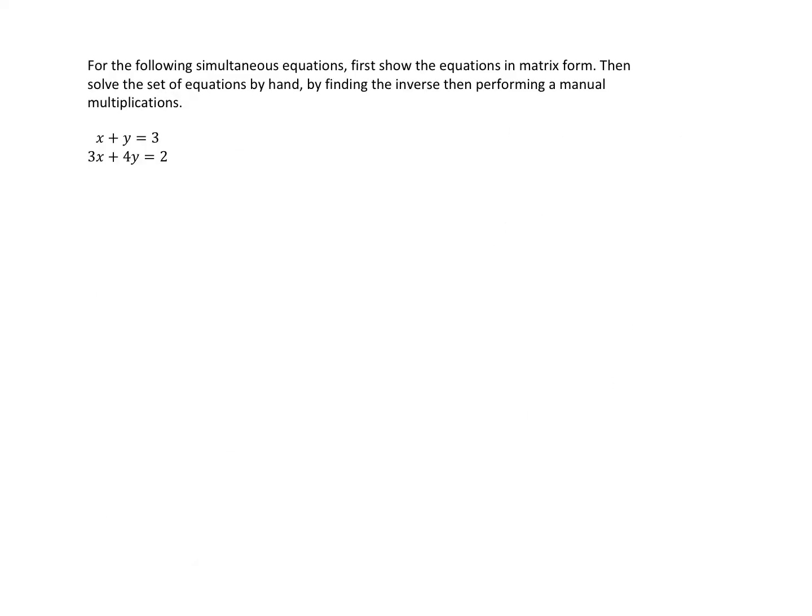Okay, so for the following simultaneous equation, it says first show the equation in matrix form. So in the green here, I'm going to show the matrix form. So this is the first thing I'm going to do. When we do it in matrix form, the first matrix has all the numbers that are in front of the letters. If there's no number there, it's assumed to be a 1.